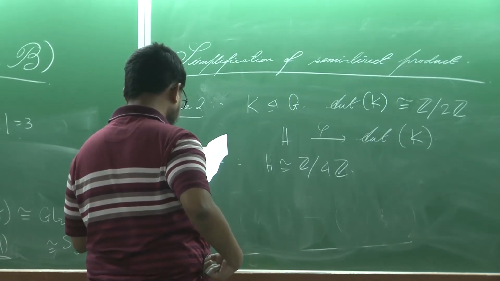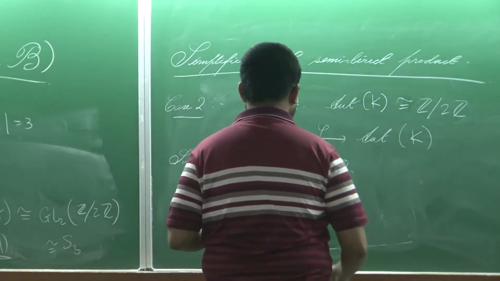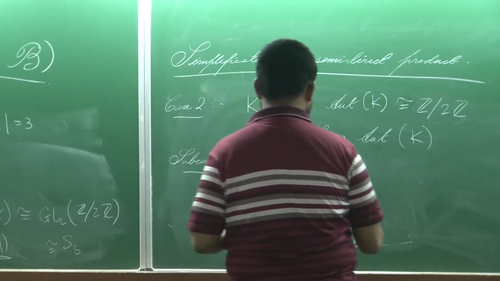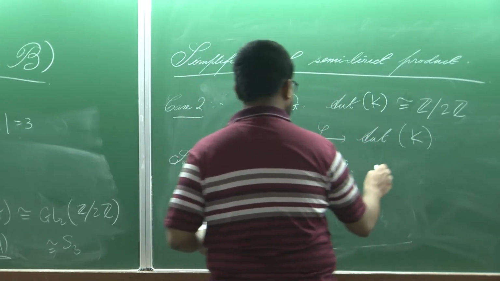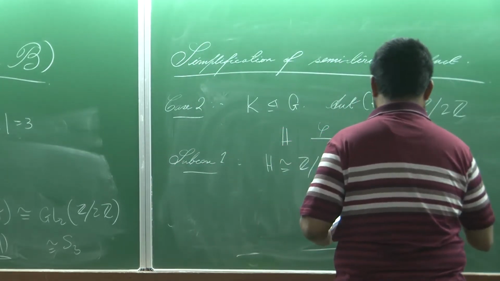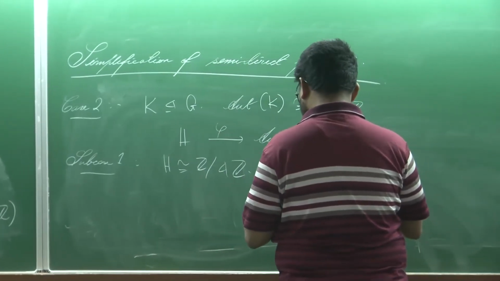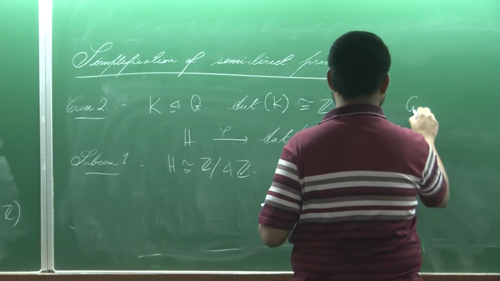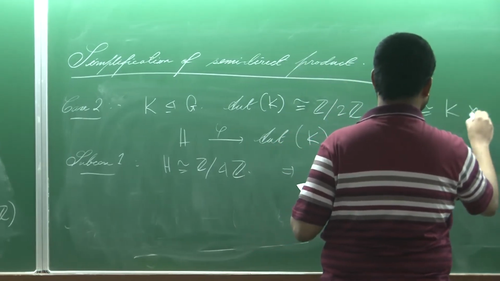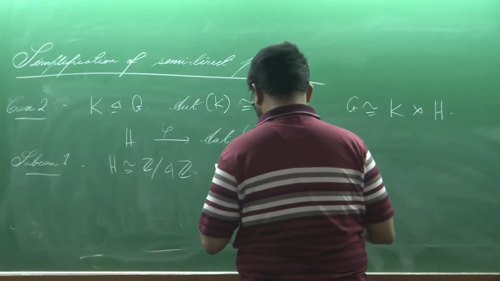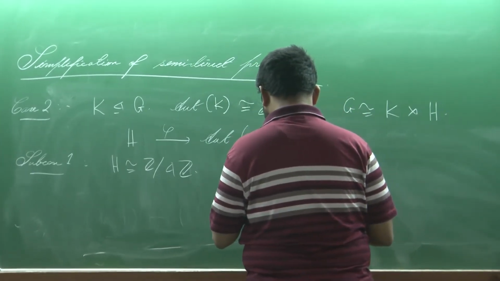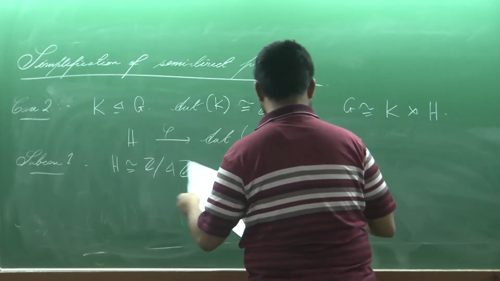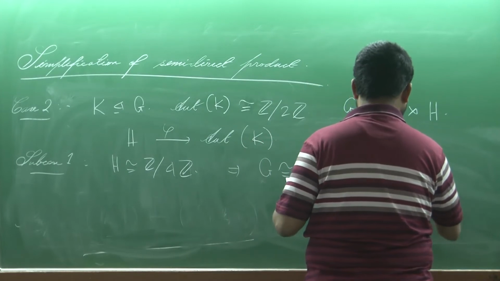So in this case, how many homomorphisms do we have? Of course the trivial one leads us to K semidirect product H being isomorphic to Z modulo 3Z direct sum Z modulo 4Z.